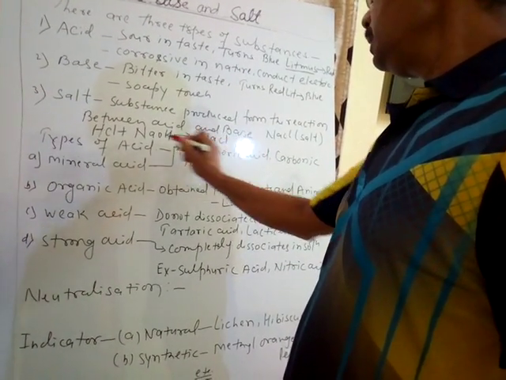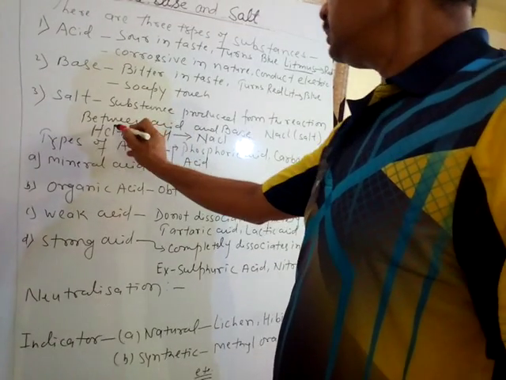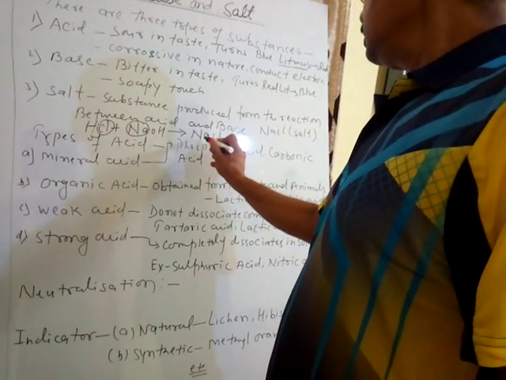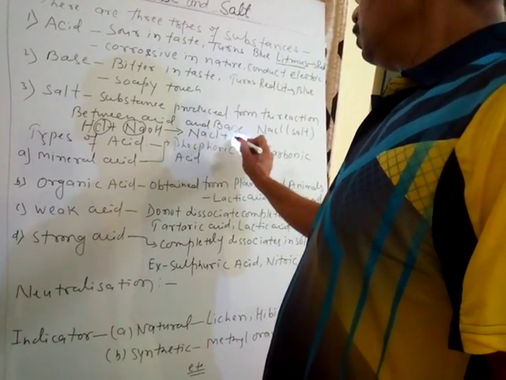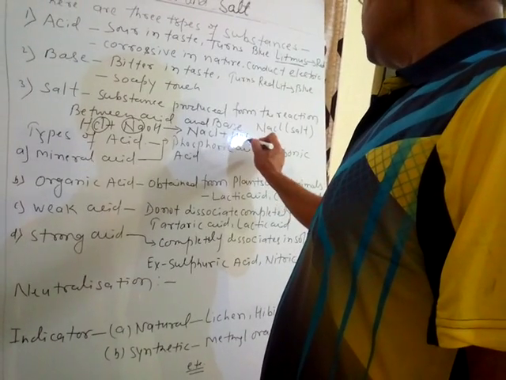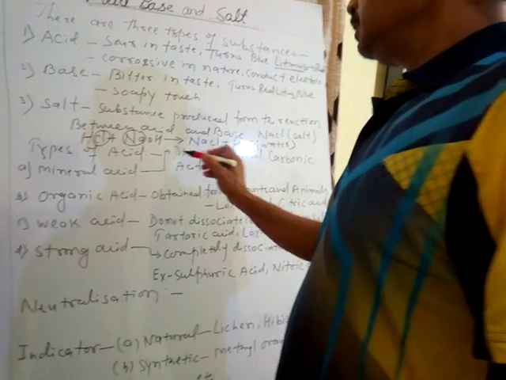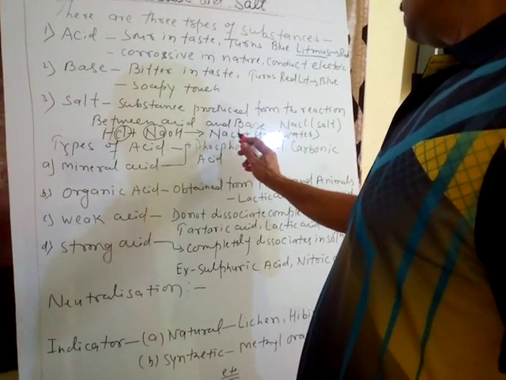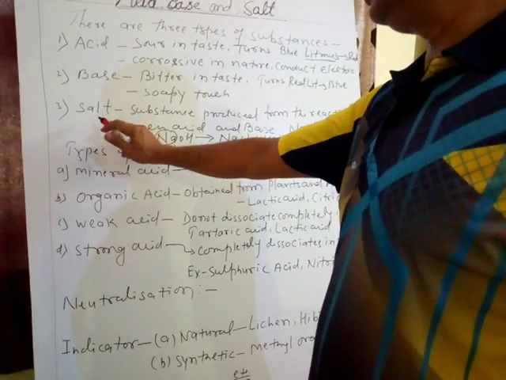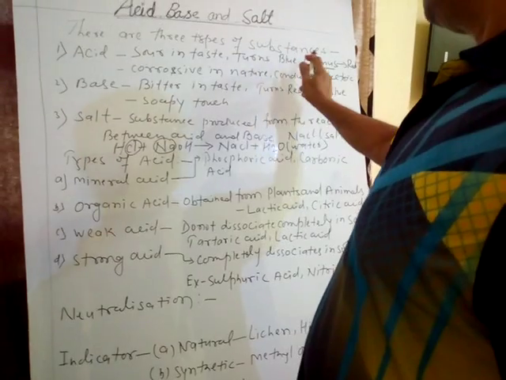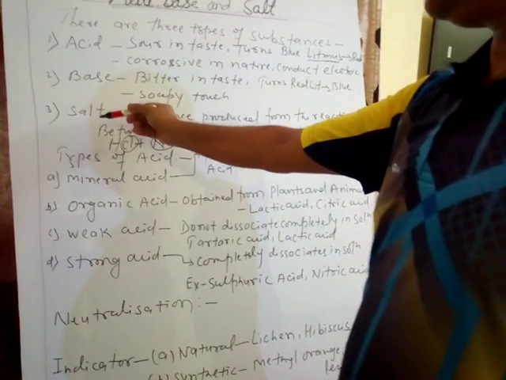NaCl means sodium chloride, Na this one, and Cl this one. So it produces sodium chloride plus water, H2O. This is the water. So when the neutralization reaction takes place, it always produces salt and water. So this is the third substance. So substances are of three types: acid, base and salt.